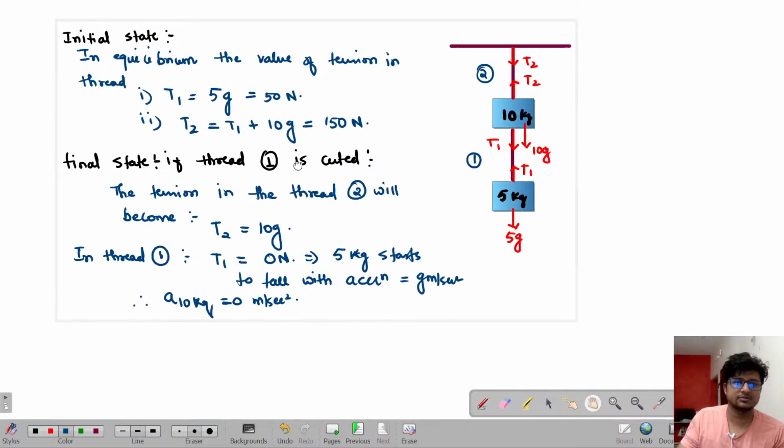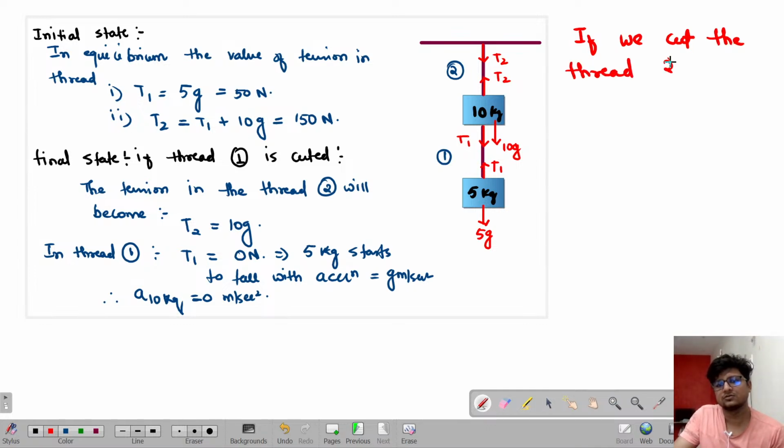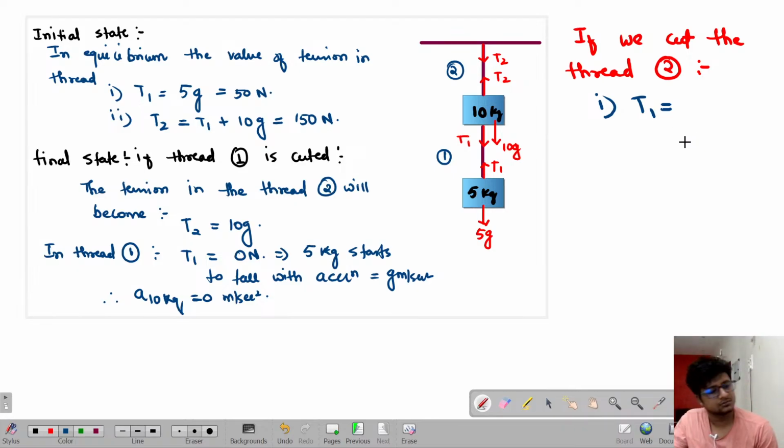Now, in the same scenario, let's suppose we cut thread 2. What will happen? First, what will be the value of tension T1? Tell me.